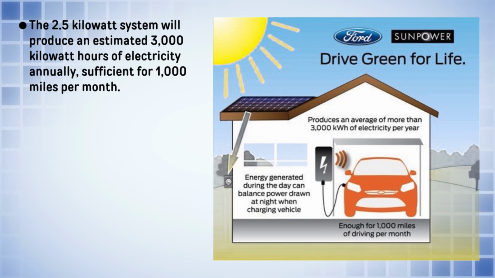This 2.5 kilowatt system will produce an estimated 3000 kilowatt hours of energy annually, and it is sufficient for 1000 miles per month. So, this is the advantage of installing rooftop PV at a household.